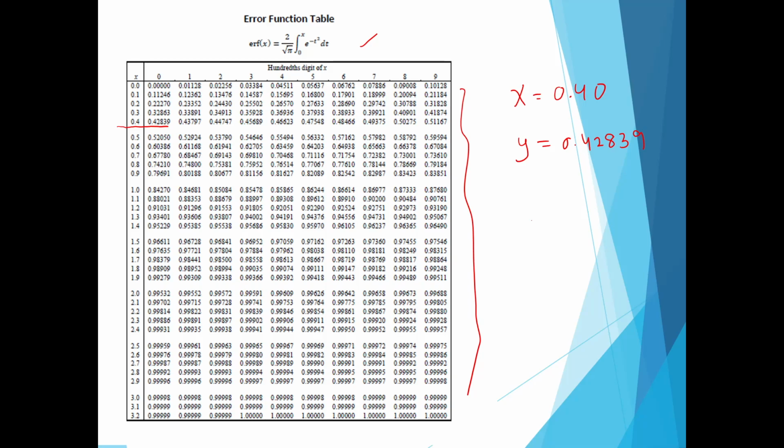If the input is 0.49, the output would be 0.51167. Another example: if the input is 2.90, the error function output is 0.99996.